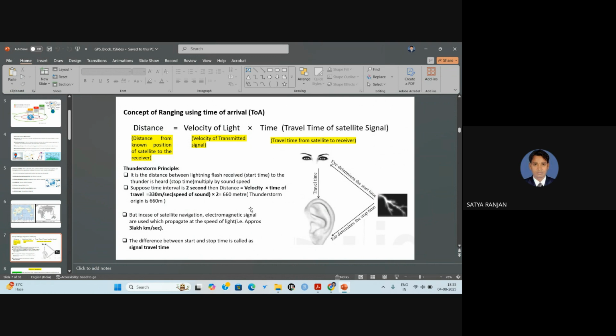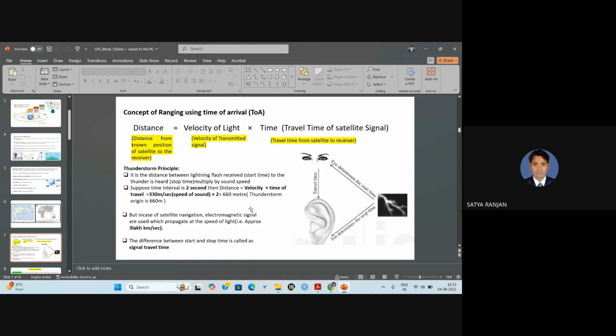Then the velocity of light, that is 3 lakh kilometer per second, approximately 3 lakh. Then the time: because electromagnetic radiations travel at the velocity of light, we consider the velocity of the signals equivalent to the velocity of light.